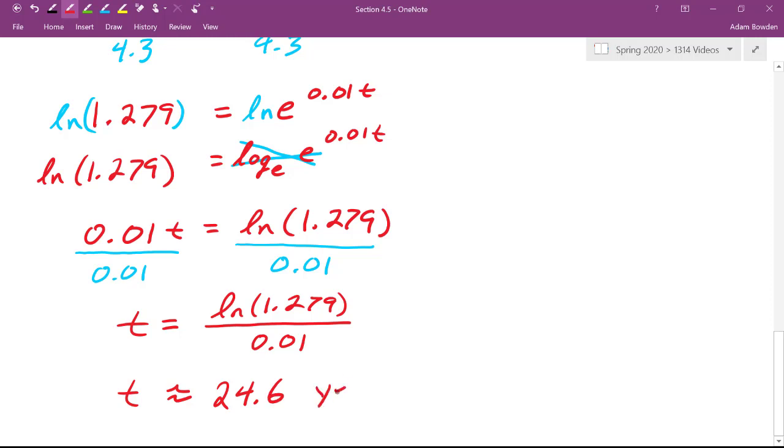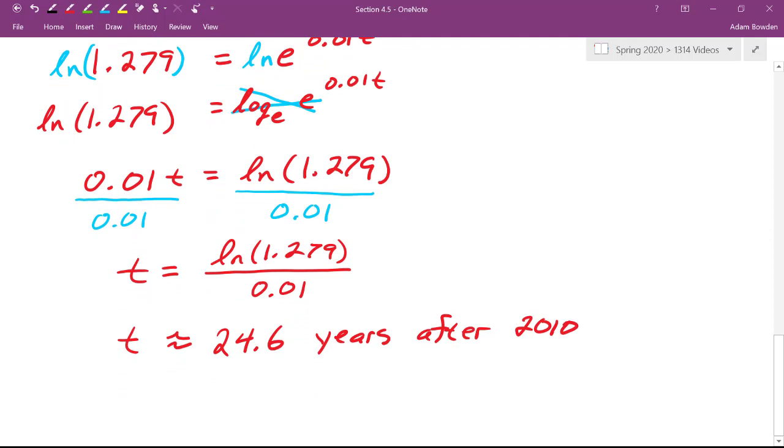And so that refers to how many years after 2010. So 24.6 years after 2010 is when we would expect the population to get to somewhere around 5.5 million. So that would be in the year 2034, sometime in that year.